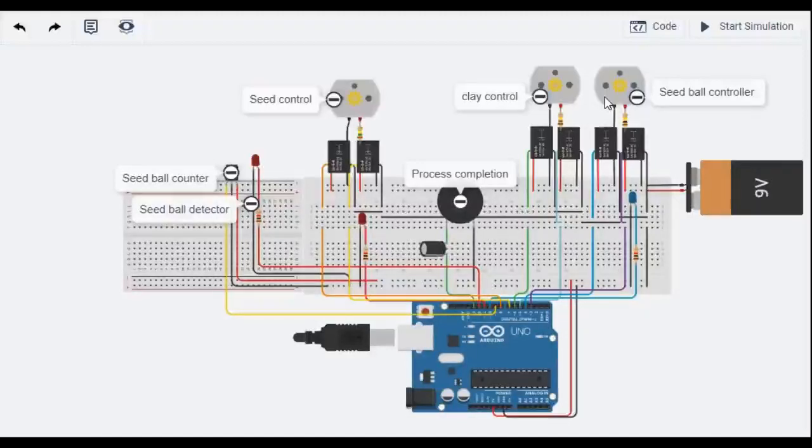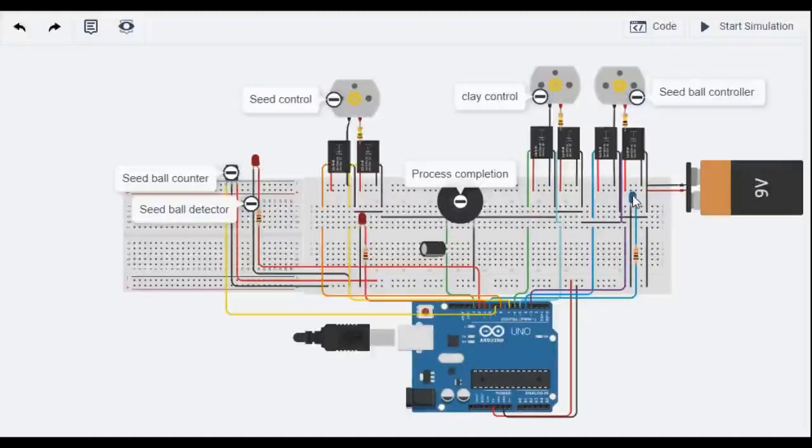and once the raw materials reach the drum, the motor starts rotating and the seed ball control motor, as shown, controls the movement of the drum, and the blue LED glows, indicating process start.